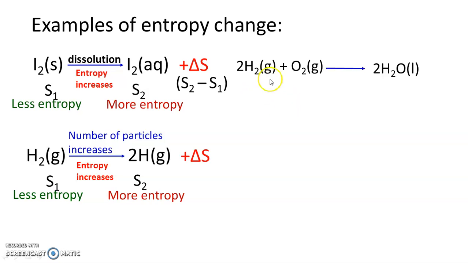Consider the third example. When 2 moles of hydrogen gas is mixed with 1 mole of oxygen gas to form 2 moles of liquid water. Here gaseous reactants are converted into a product which is in liquid state, and as gas is converted into liquid, entropy must decrease.